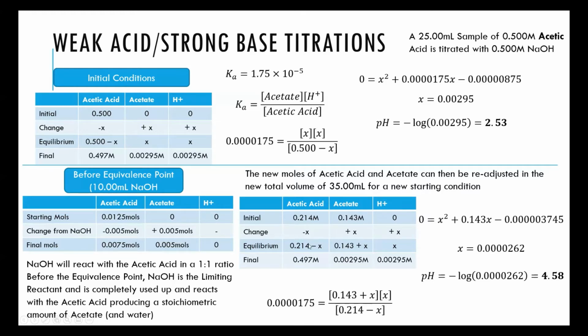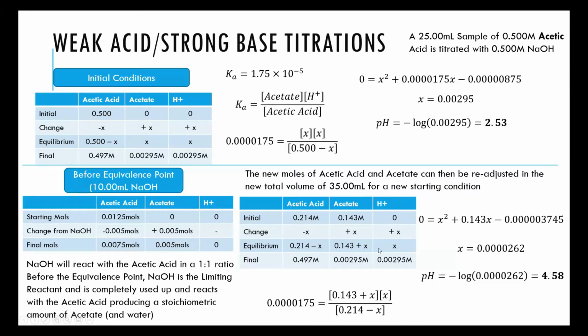This is what's going to be gaining because you're starting at 0. So that's how you know it's going to be added. The change is going to be adding to the side of acetate and H plus. And since you're starting with 0.214 molar acetic acid, that's going to be subtracted.